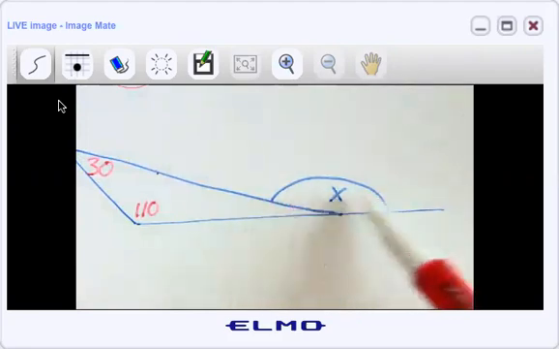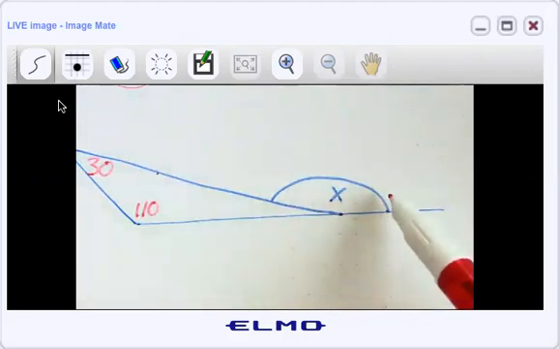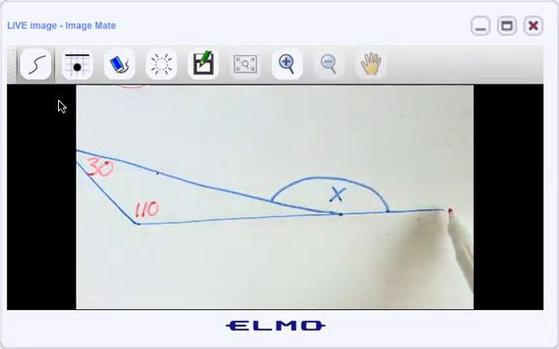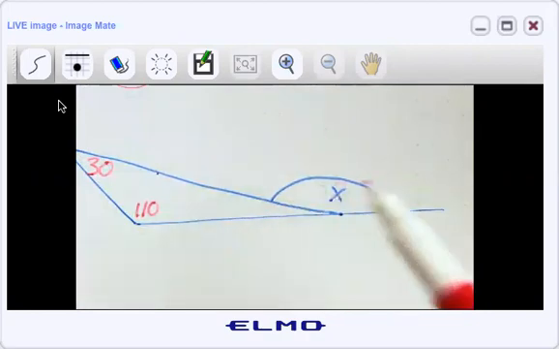These two are always going to add up to be 180, because remember how we're creating it. We're just taking one side and making it longer. So you're always going to have a straight line there. So these two have to add up to be 180. Feel free to let me know when you have your answer for X.